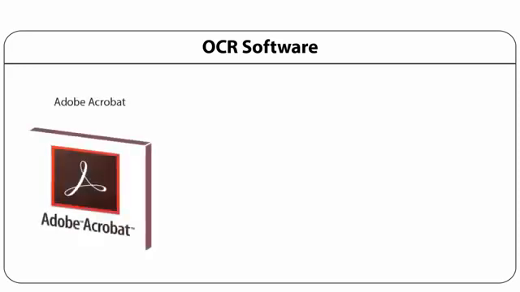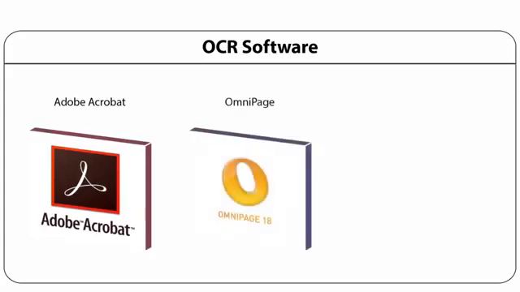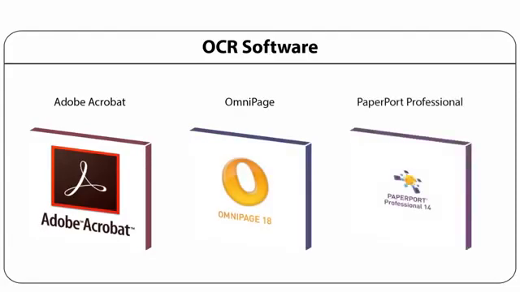The second software is OCR software. OCR means optical character recognition. It is computer software designed to recognize the text in an image or scanned document. There are various types of OCR software available now. Some of them are Adobe Acrobat, OmniPage, and PaperPort Professional 14.